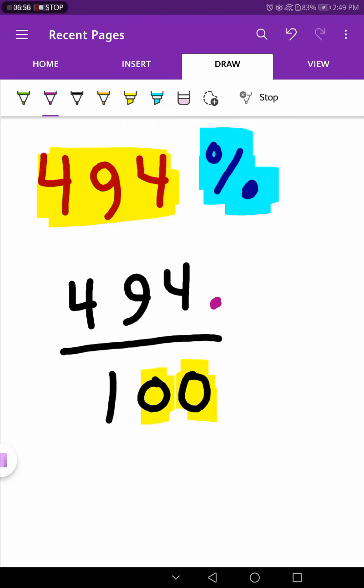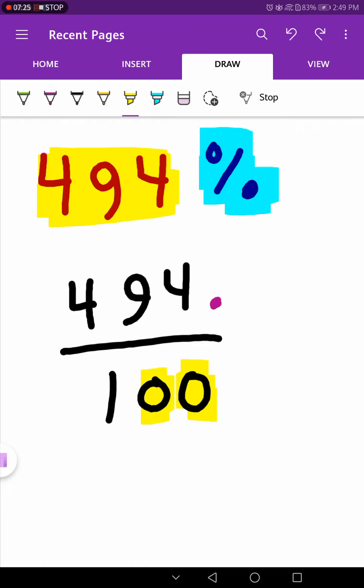If the number has no decimal point, then highlight 2 digits for the 2 zeros. So teacher, if I highlight like this, it is a big mistake. You have to highlight from the decimal side that you created.